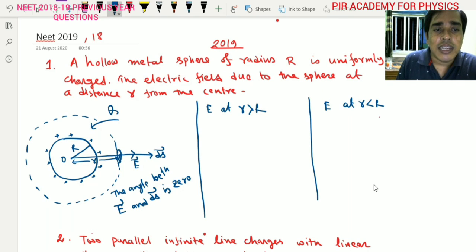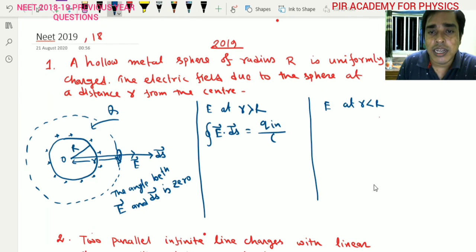Now if I use Gauss theorem to calculate the electric field at point P, then the closed surface integral E dot ds equals q internal by epsilon naught. Here you have to keep in mind what q internal is. Q internal is the charge inside this Gaussian surface, the total charge inside this Gaussian surface.